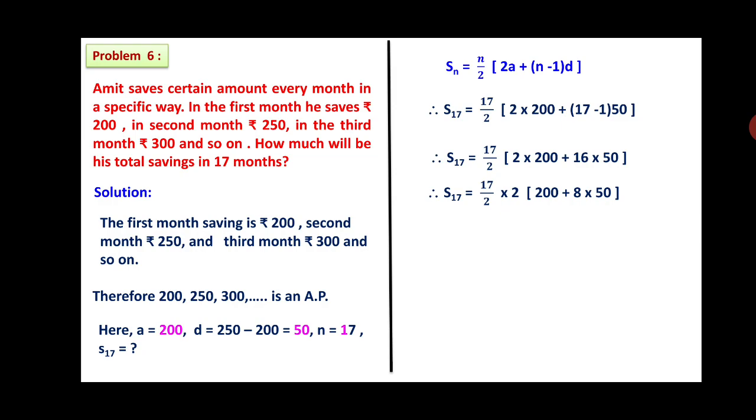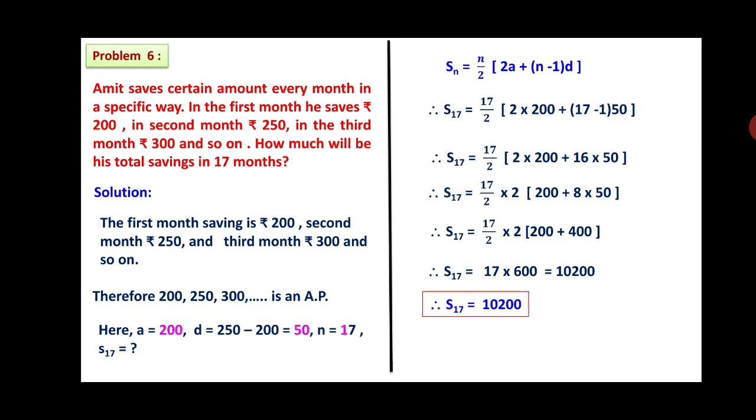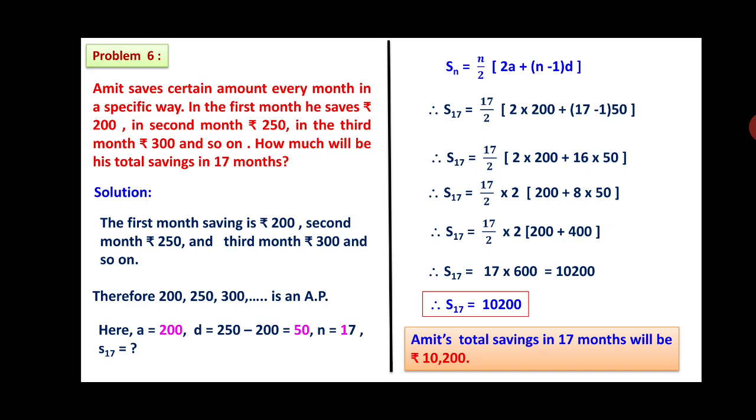So, S17 is equal to 17 upon 2 into 2 into bracket 200 plus 8 into 50. Therefore, S17 is equal to 17 upon 2 into 2 into bracket 200 plus 400, as 50 into 8 is 400. Therefore, S17 is equal to 17 into 600, where the 2s get cancelled. Therefore, S17 will be 17 into 600, that leads to 10,200. So, S17 is 10,200. We get the answer that Amit's total savings in 17 months will be rupees 10,200.